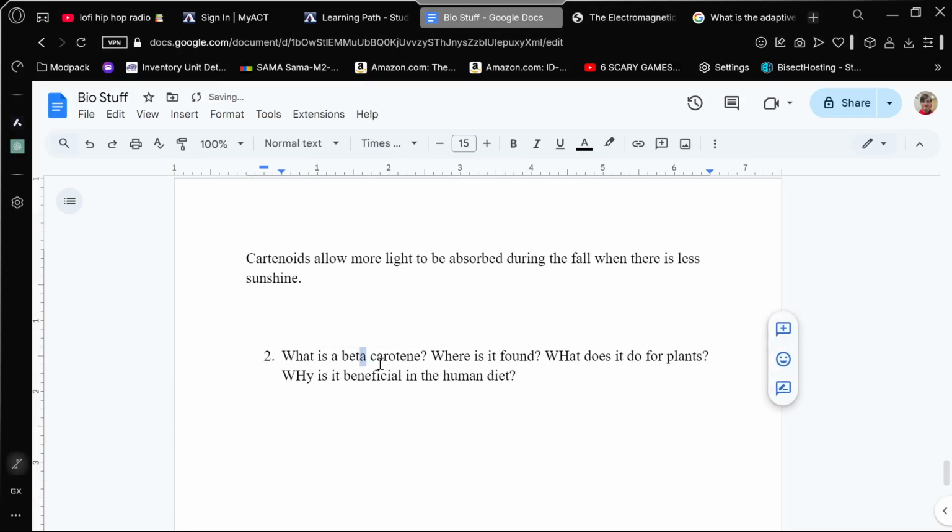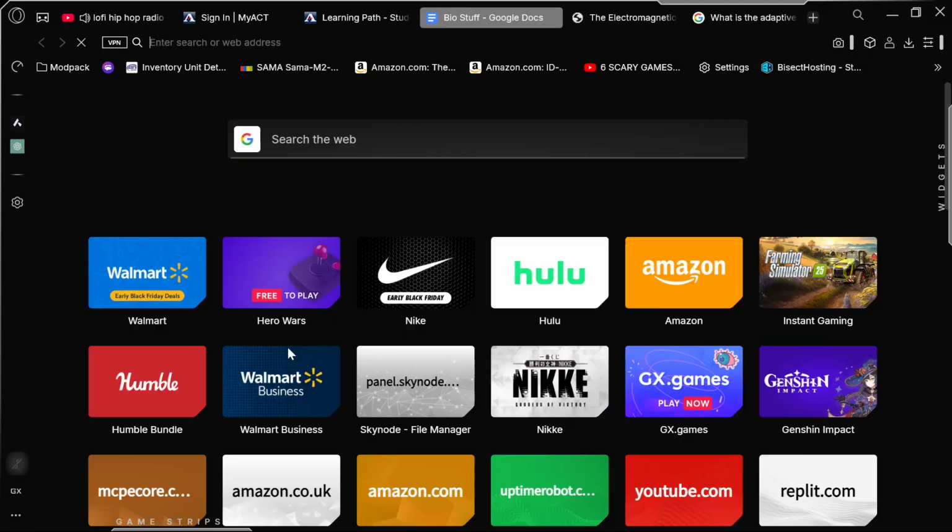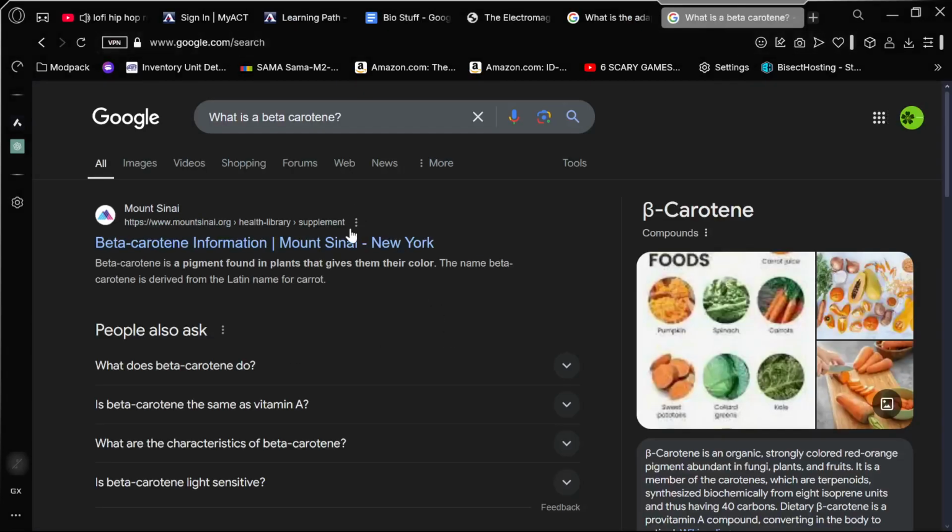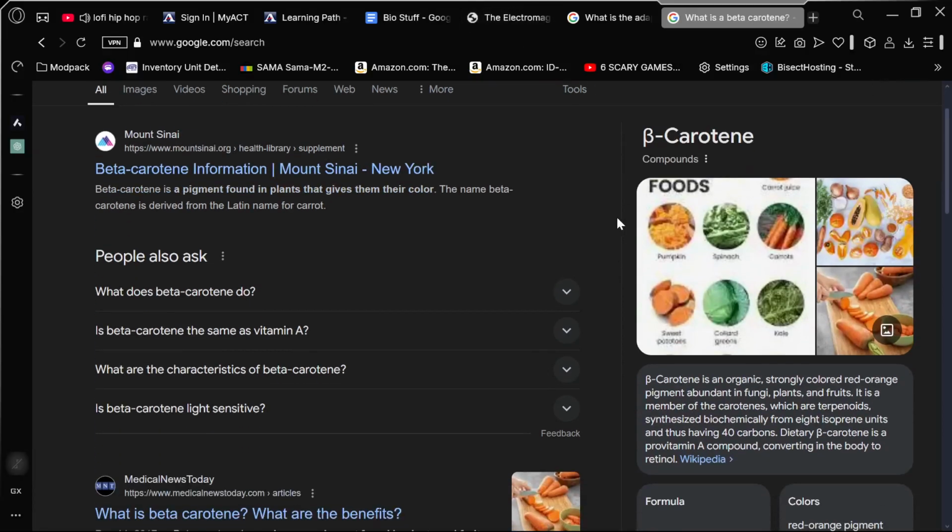What is a beta carotene? We're about to figure out. Found in plants that give them their color, an organic, strongly colored red-orange pigment.